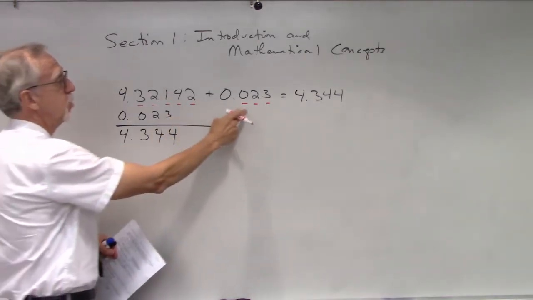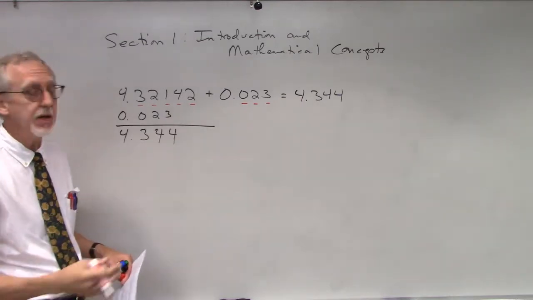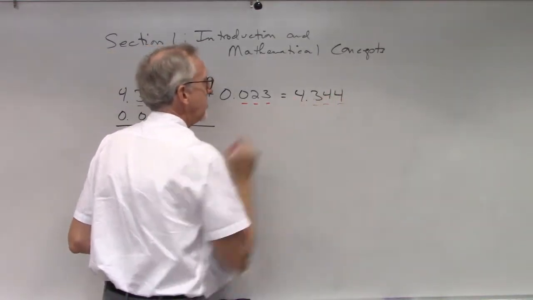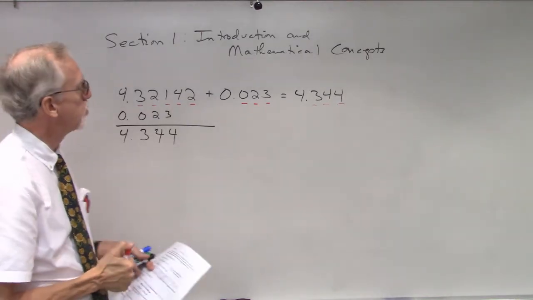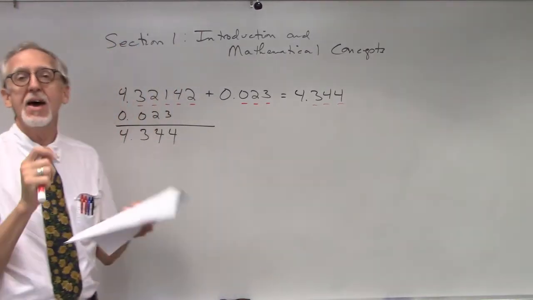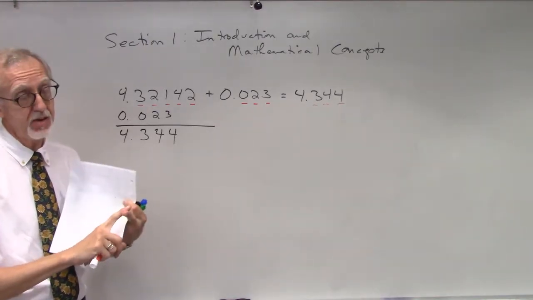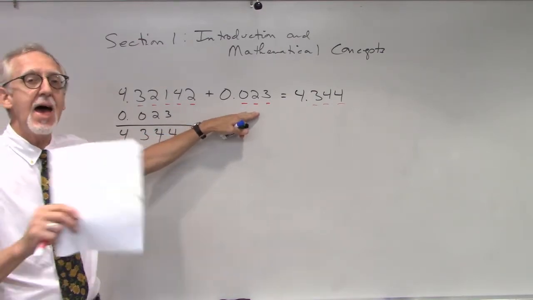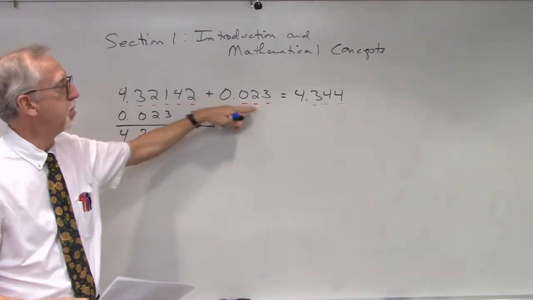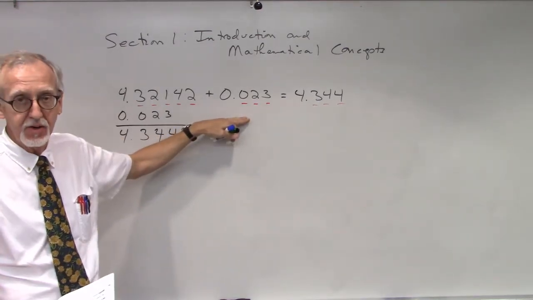In this case, we have 3 is less than 5, so we keep 3 decimal places. There we go. Our answer has 3 decimal places. So, with addition and subtraction, we have to look at the number of decimal places, not the number of significant figures. But we have to look at the number of decimal places after we've written both numbers with the same power of 10 if they are in scientific notation.